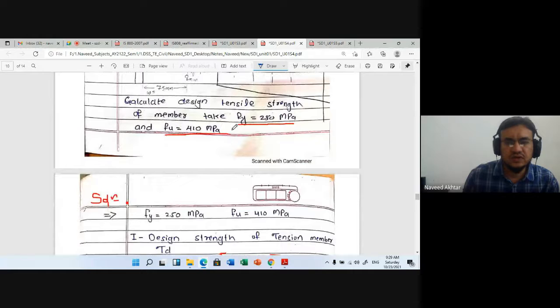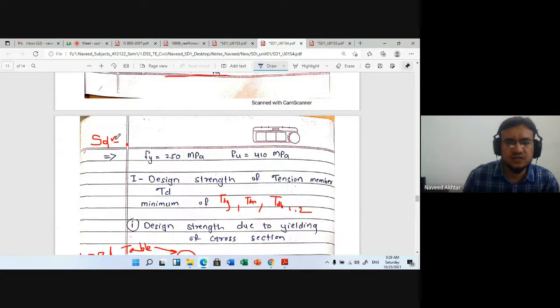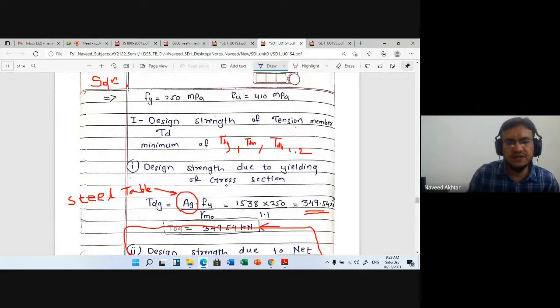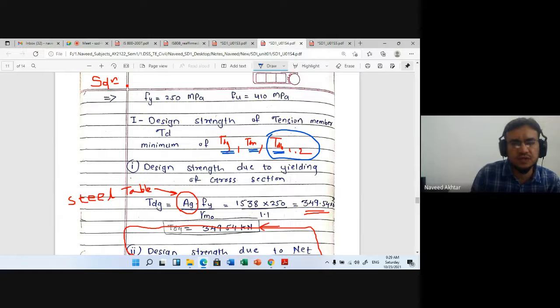So you can write down the way to find the design tensile strength of the member. The design tensile strength of the member is the minimum of Tdg, Tdn, or Tdb1, Tdb2. There are two types of Tdb: shear yielding with tension rupture, and tension yielding with shear rupture. That's why Tdb1 and Tdb2 are there.